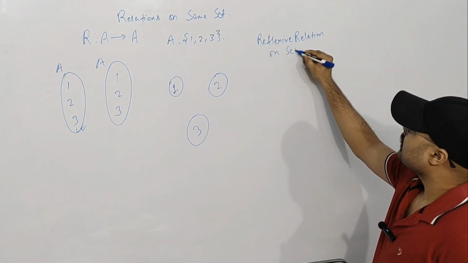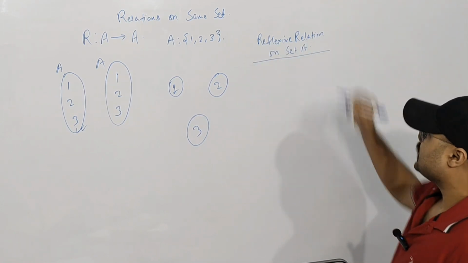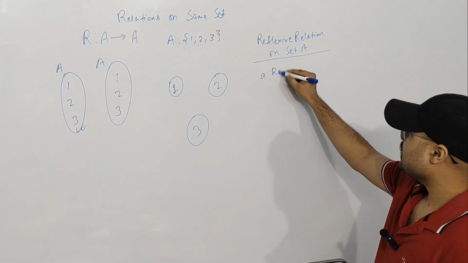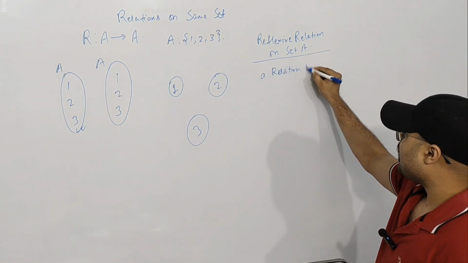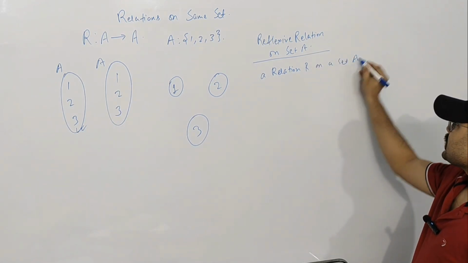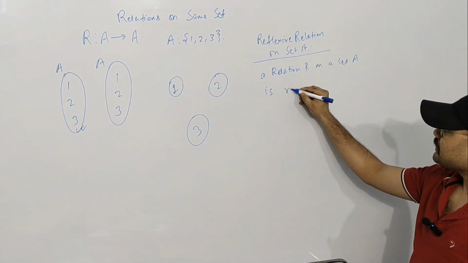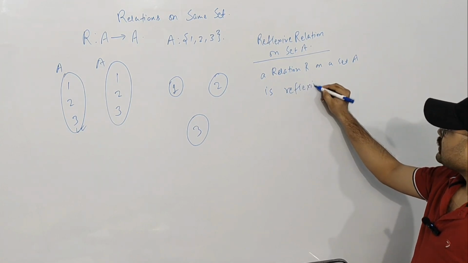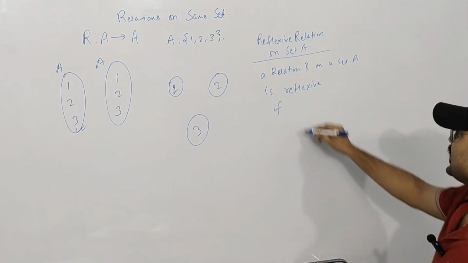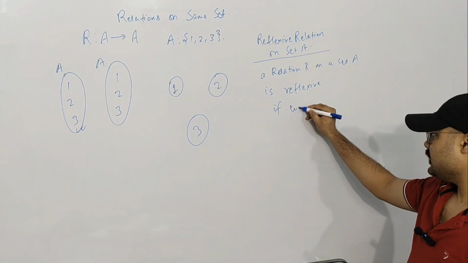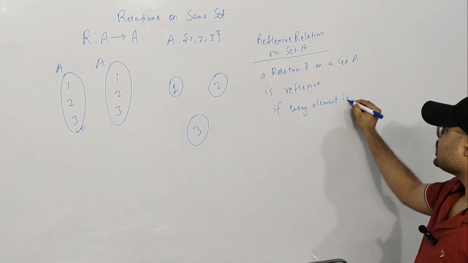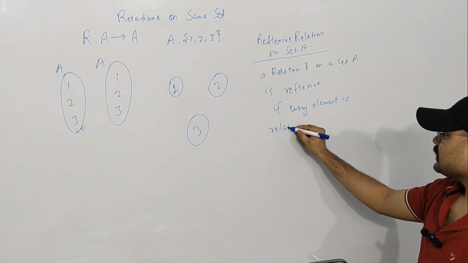A relation R on a set A is reflexive if every element is related to itself.